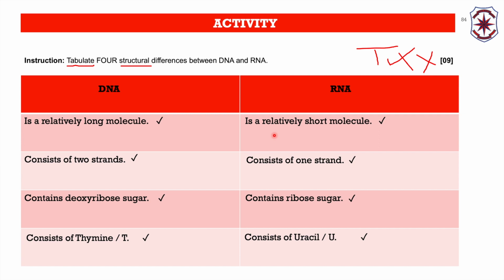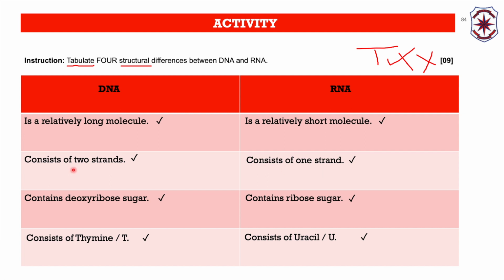Another thing, you must compare directly and not indirectly. For example, we see at the marking center, learners might write DNA consists of 2 strands, and then instead of saying RNA consists of 1 strand, a learner might write RNA does not consist of 2 strands. If you're telling us how many strands DNA has, tell us how many strands RNA has as well.